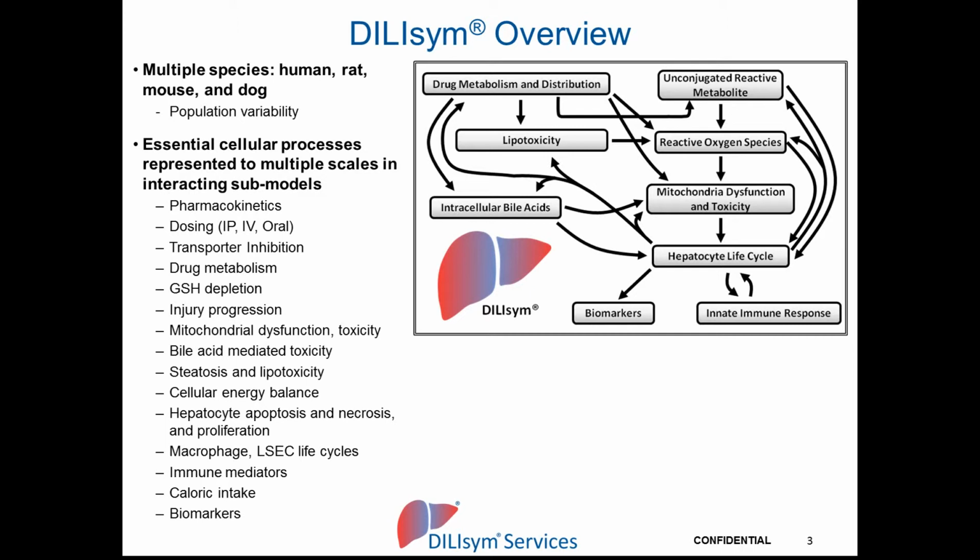The innate immune system in DILIsym is also responsible for triggering the post-injury increase in hepatocyte proliferation. In addition to all these submodels, there is also a submodel of the various biomarkers of the hepatocyte life cycle. Those include, of course, ALT, AST, and bilirubin, and other more emerging biomarkers.